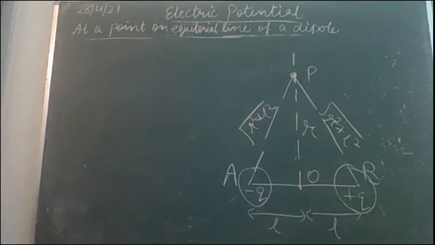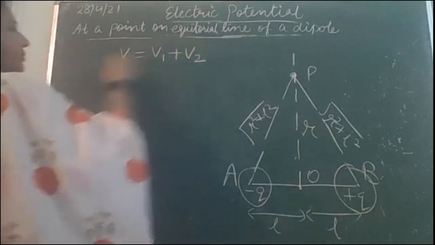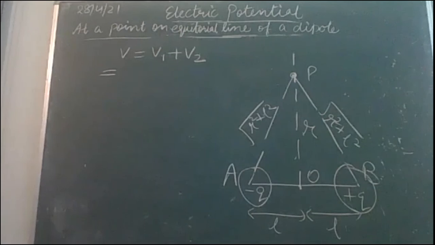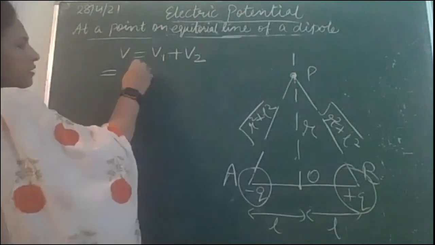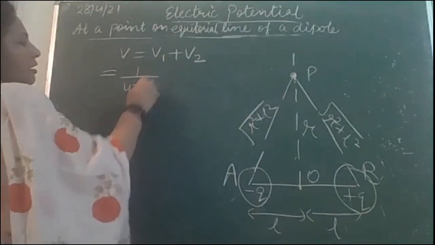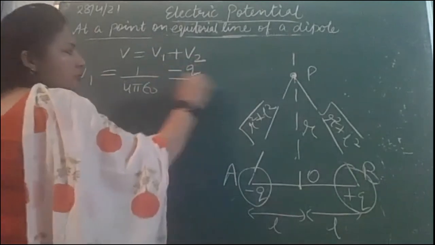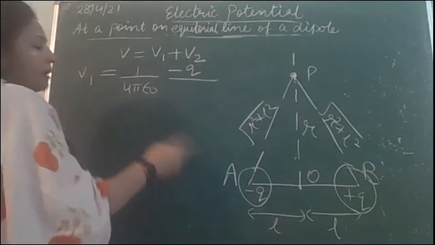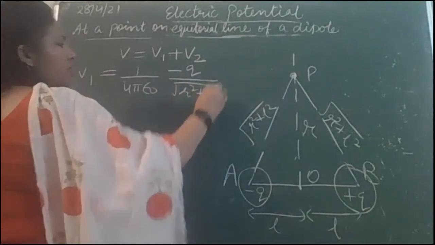Okay, so let us find it. V is equal to V1 plus V2 again. What is the potential at P due to minus Q charge? Again the formula is K. We write V1 first: K into Q, which is negative, so potential will also be negative, by R, under root R square plus L square.